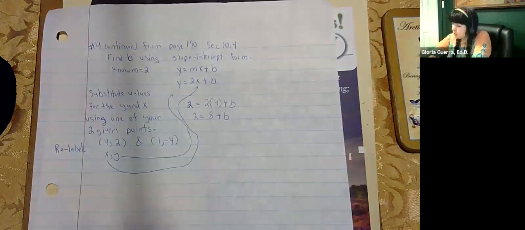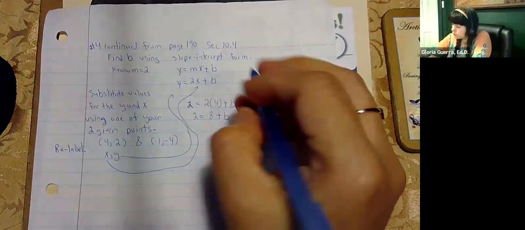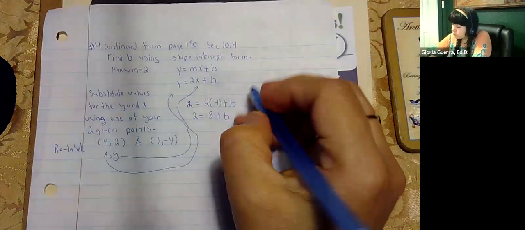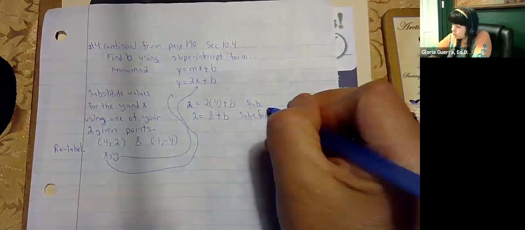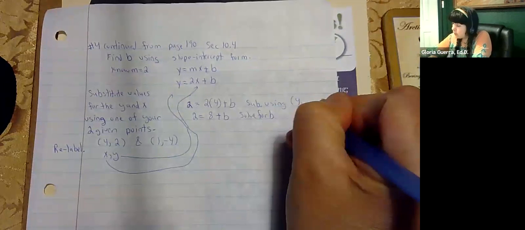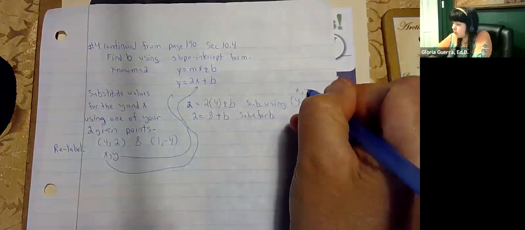And now you can solve for B. And here you're substituting using 4, 2. This is X. This is Y. And now you're going to solve for B.